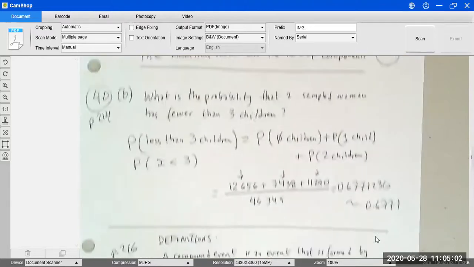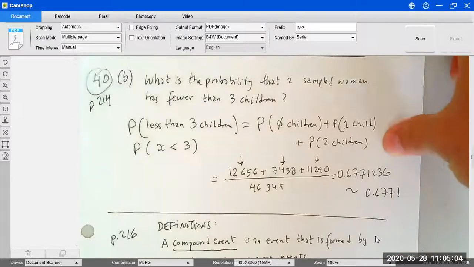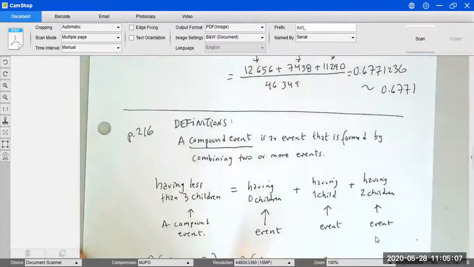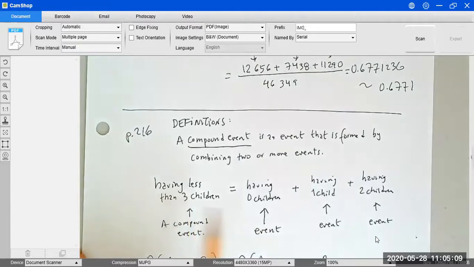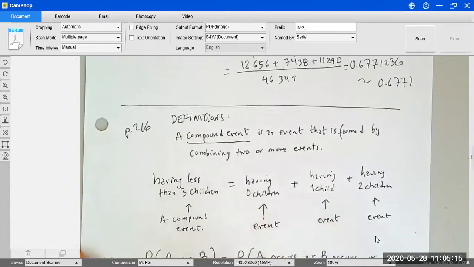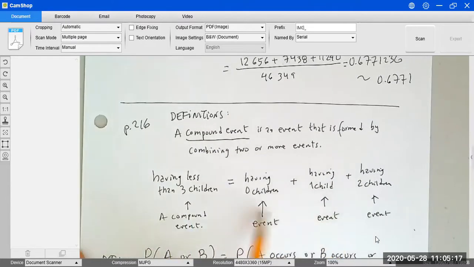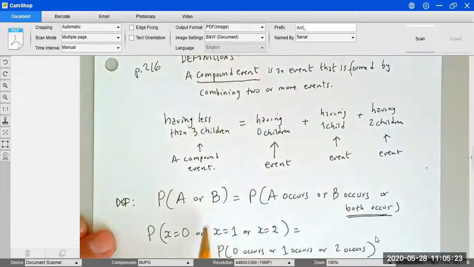Having less than 3 children is having 0 children plus having 1 child plus having 2 children. There are 3 single events, and combining them gives you a compound event. Again, the case that we're going to work with in these compound events is the one using the OR operator.